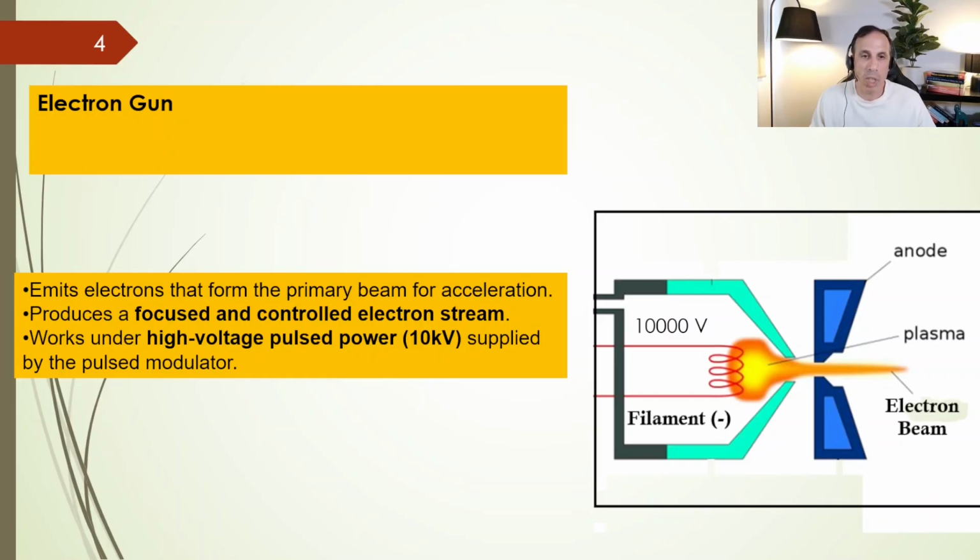and with the right energy. As you can see in the figure, we have a filament, which is energized by the electrical pulses coming from the pulse modulator, and using thermionic emission it produces the electrons, and a voltage pulse of around 10 kilovolt is applied, and electrons have the energy of around 10 kilo electron volt.